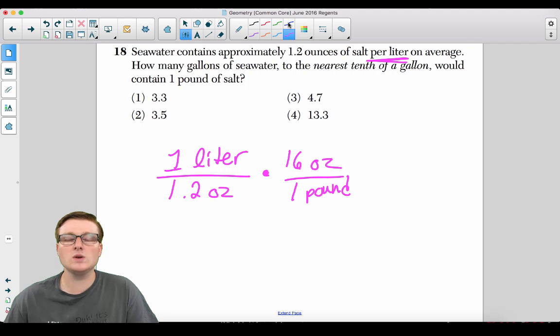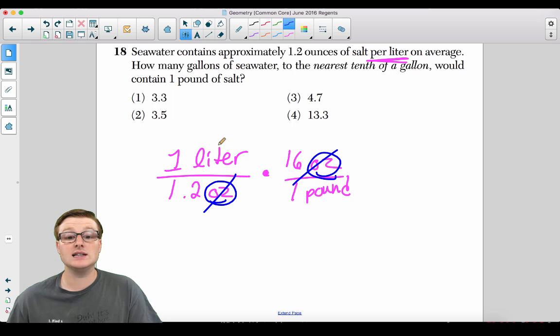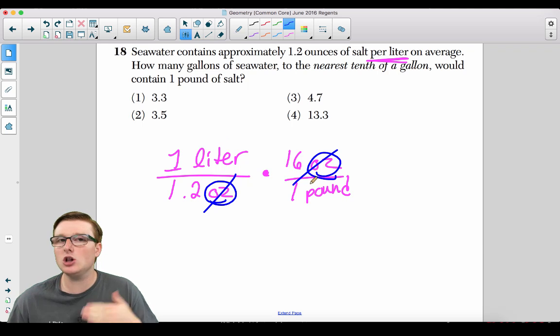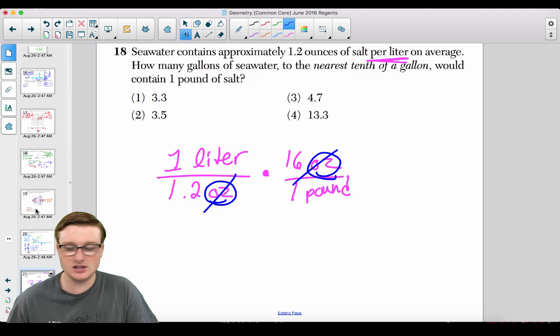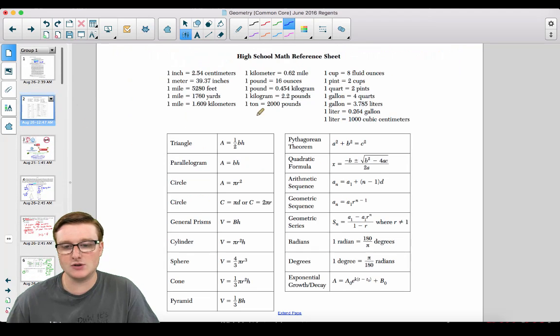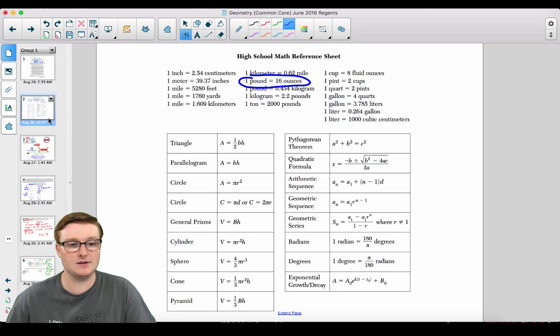Well, these are called conversion factors. If you have ounces in the numerator and the denominator, they cancel each other, and you're left with liters per pound. We're getting closer to what we need to find the pound of salt. Now, keep in mind that 16 ounces in 1 pound could be found on your reference sheet up here. It says that 1 pound is equal to 16 ounces, just in case you didn't know that information.